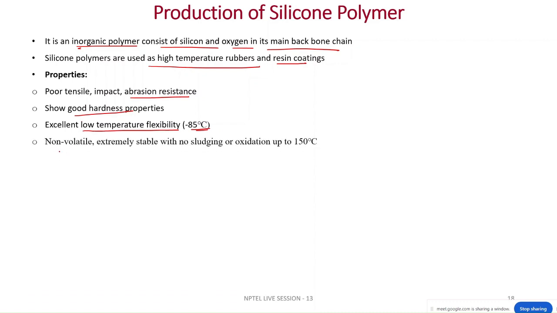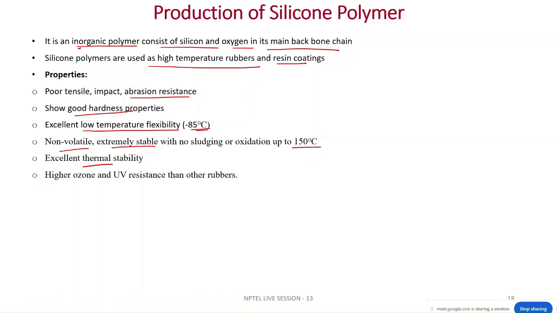They are non-volatile, extremely stable up to very high temperature, and extremely resistant to oxidation up to 150 degrees Celsius. So it can be used as a constant temperature source. Excellent thermal stability is there up to 150 degrees Celsius.